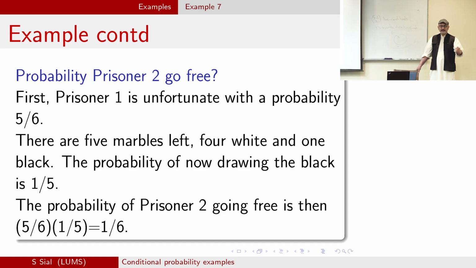But then you have to multiply that by the probability of the first not being released. If you go through this, the same thing keeps happening.